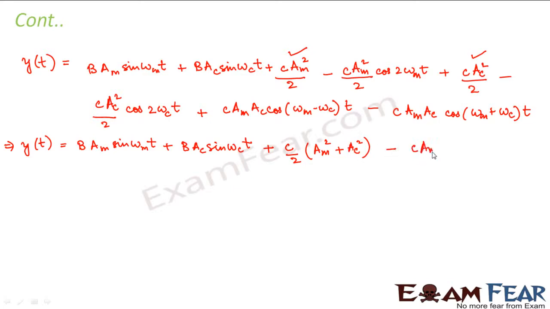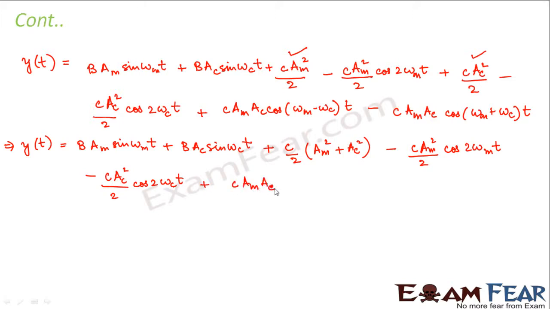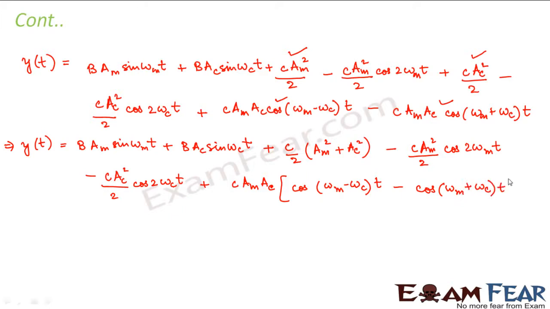And then we have minus c a m square divided by 2 cos 2 omega m t minus c a c square divided by 2 cos 2 omega c into t plus c into a m a c. I have taken common in these two terms, I can take c a m a c as common. So this becomes cos (omega m minus omega c) into t minus cos (omega m plus omega c) into t.